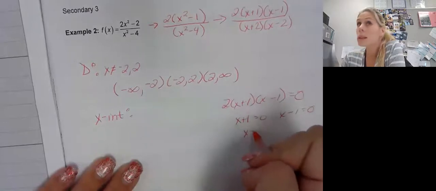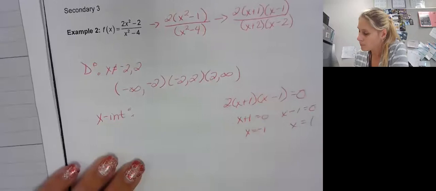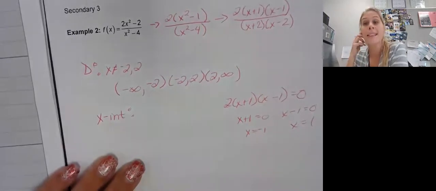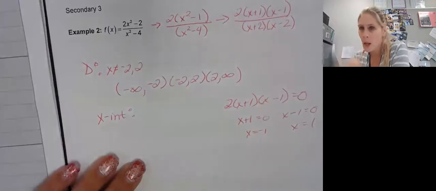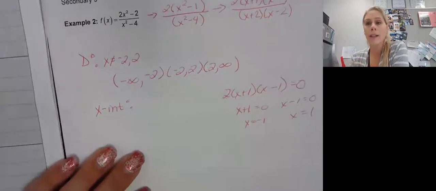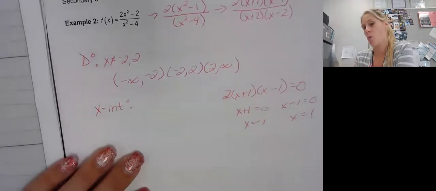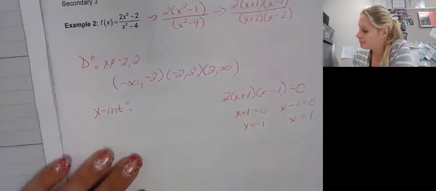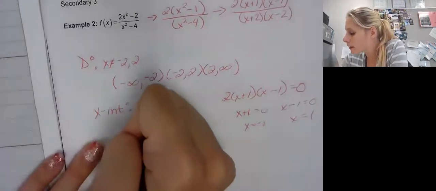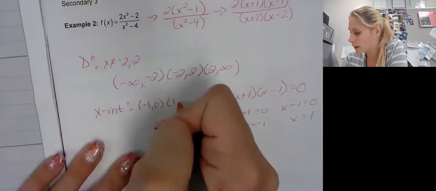So we get x equals -1 and x equals +1. Two x-intercepts. Is this possible? Yeah, it is. Do we have to have an x-intercept? No, we don't. But one of the things to think about is the y-intercept. Can the y-intercept be more than 1? No, because then it wouldn't be a function. Could there be no y-intercept? Totally. Okay, so here we have (-1, 0) and (1, 0).